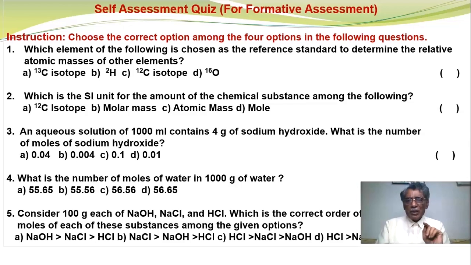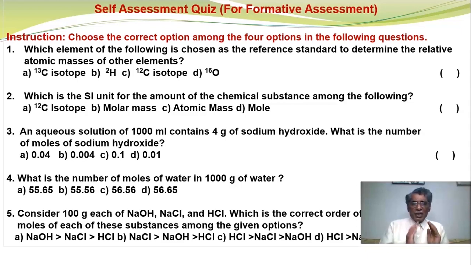Option B, H2. Option C, C12 isotope. Option D, O16. Question 2. Which is the SI unit for the amount of the chemical substance among the following? Option A, C12 isotope. Option B, molar mass. Option C, atomic mass. Option D, mole.